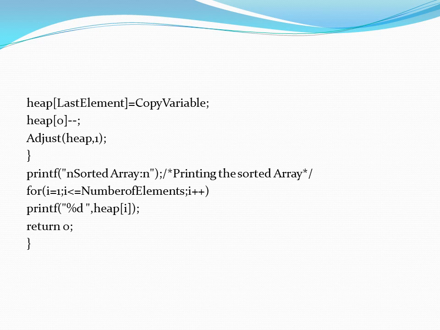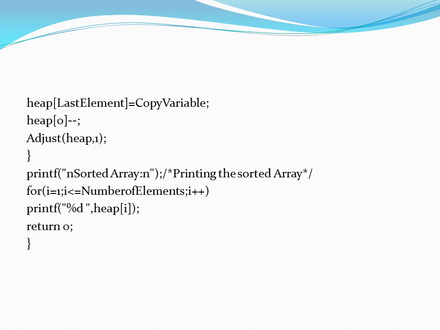That is heap of 0 minus minus. After that, we are removing the first element and adjusting the heap again. Heapifying process. The heapifying process is explained in the previous videos. Just refer to that. Heapifying is done.